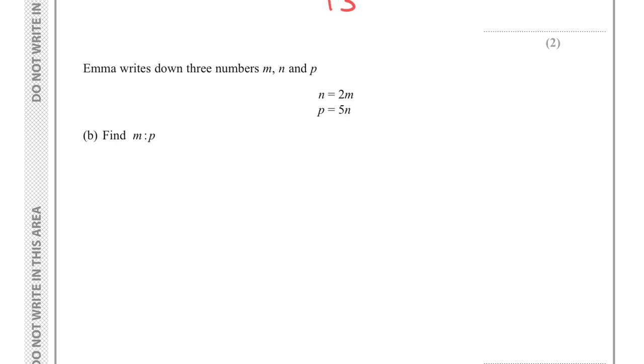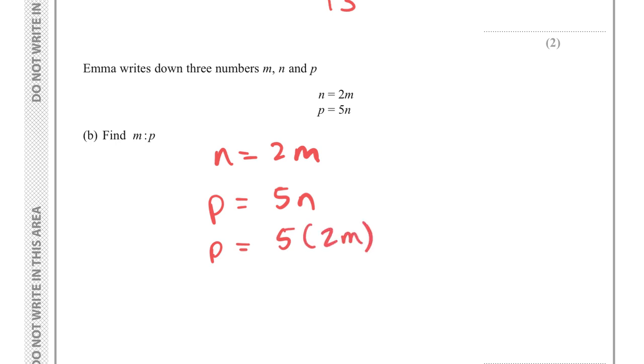So we can replace N, so if we say N is 2M, right, N is 2M, so P equals 5N, instead of writing N, we're going to replace it with 2M. So P is equal to 5 times 2M. Okay, so P is equal to 10M.